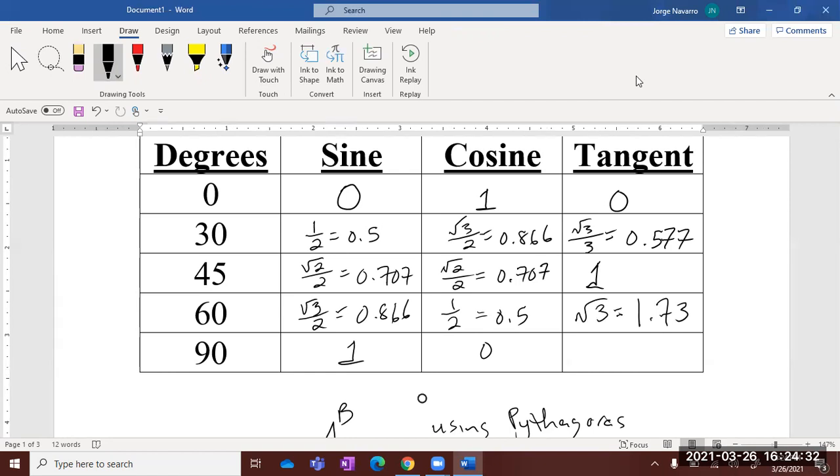Other people will say 1.732. And I can tell you, one of the most difficult ones, I really don't want to prove it to you, but the tangent of 90 is infinity, meaning it is undefined. Some books have it as undefined.